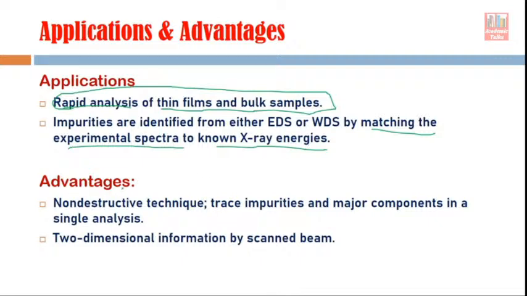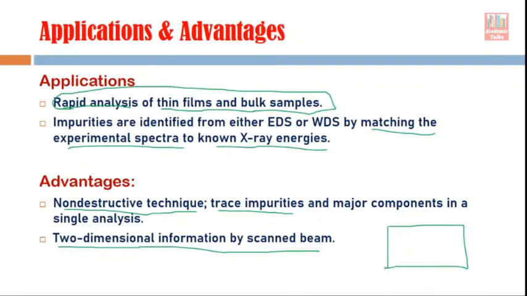The advantage of this technique is that it is non-destructive. The sample is not damaged in this process because we are using just X-rays. Trace impurities, meaning a small number of impurities present in the sample, can be detected, and we get two-dimensional information by scanning the beam. If we have a sample, we can scan it with the electron beam.